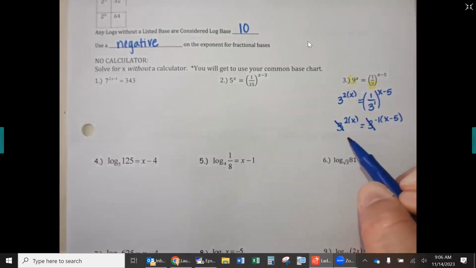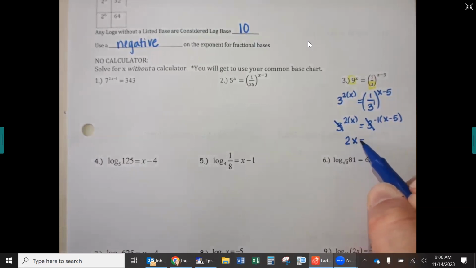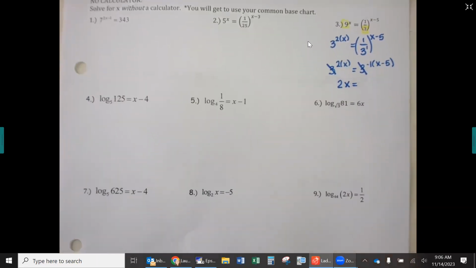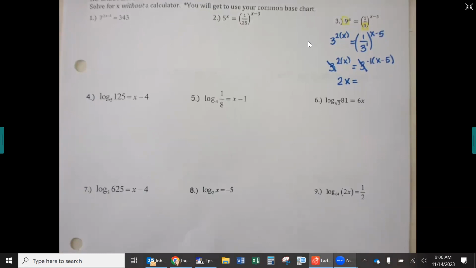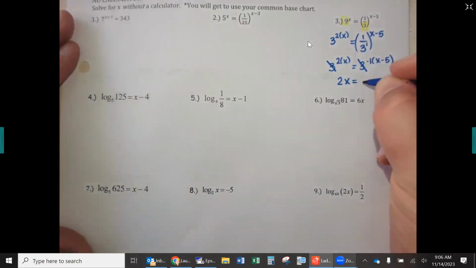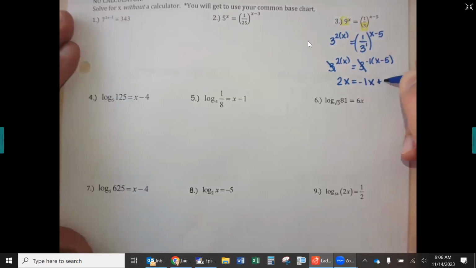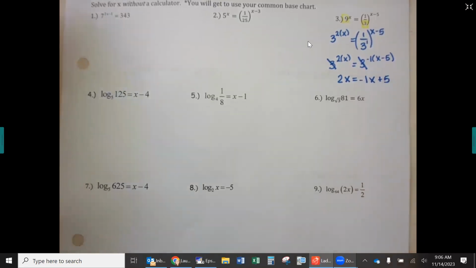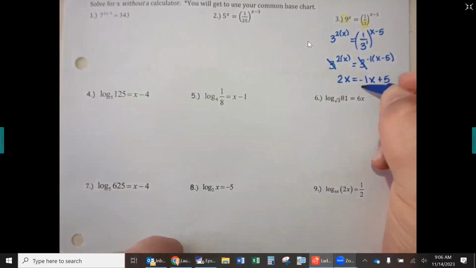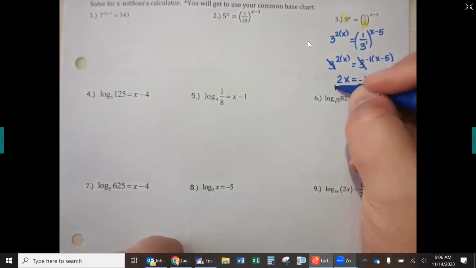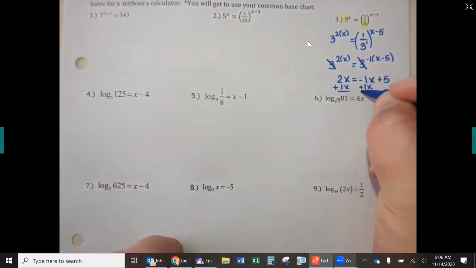And I have 2x equals, what do I need to make sure that I do on the right-hand side? Distribute. So that'd be a negative 1x and what? Plus 5 or positive 5. From there with my minus 1, we want to add that across. So what's 2x plus 1x? 2x plus 1x would be 3x.